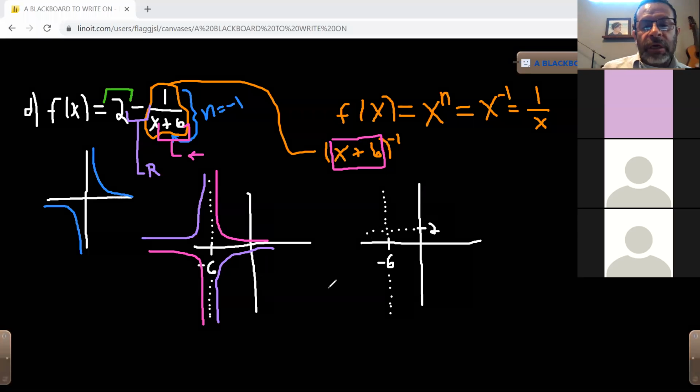And so the shift with the 6 generated a new asymptote, that was in this case the new y-axis. And the shift up with the 2 is now going to generate a new asymptote. That's going to be the 2. And so the new function would be something like this.